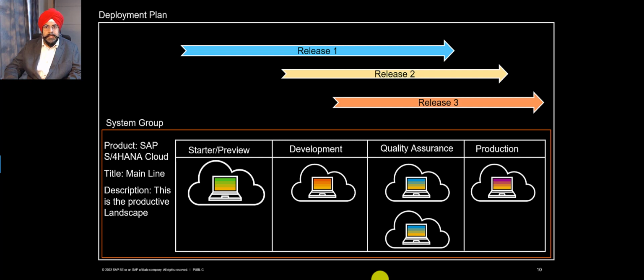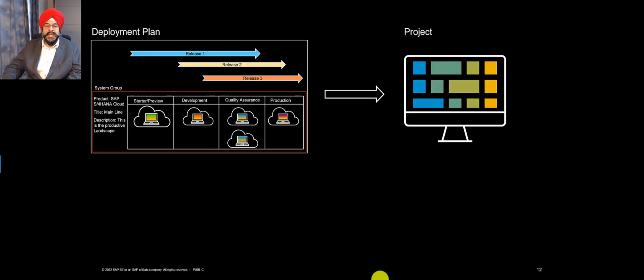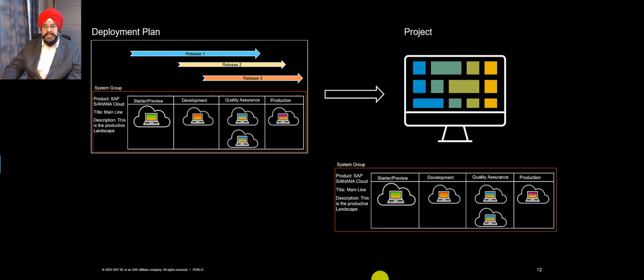Now let's see how we use a deployment plan in a project. So I have my deployment plan and then I assign it to a project, and what happens is the landscape which is assigned to the deployment plan also becomes available for the project. Now in this example I have just shown one system group in the deployment plan, but it may not always be true.